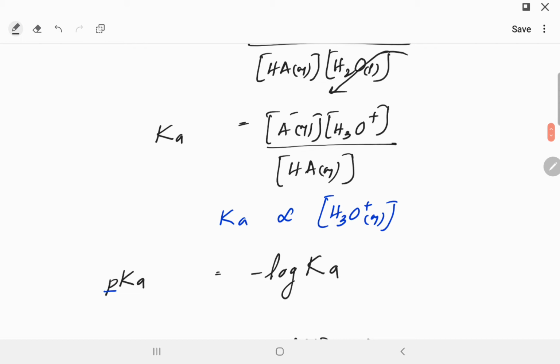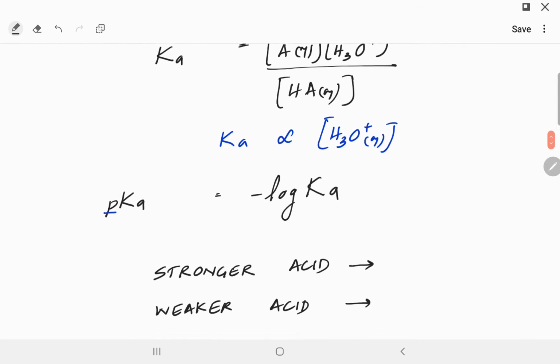We are flipping the Ka scale. In the beginning, you know that if Ka is high, the acid is strong, right? But now, since we are inverting the Ka scale by using pKa, stronger acids have a high Ka but a smaller pKa.